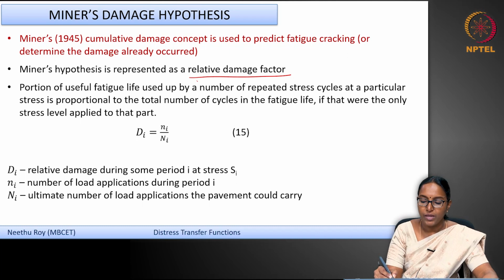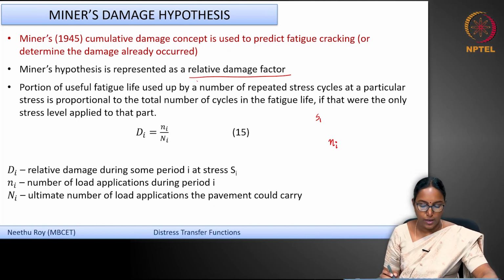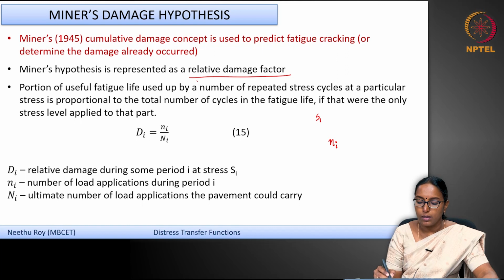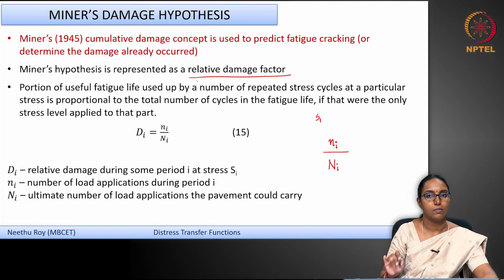Say, for example, you have a stress level S_i, and small n_i represents the number of load applications of that stress level in time i, and suppose only this stress level is being applied, capital N_i represents the total number of repetitions that can be applied before it comes to a failure.